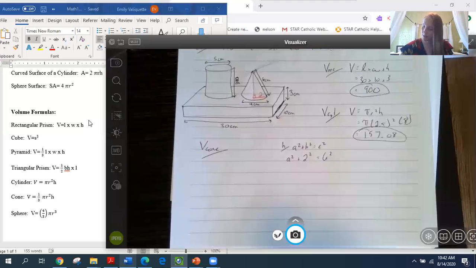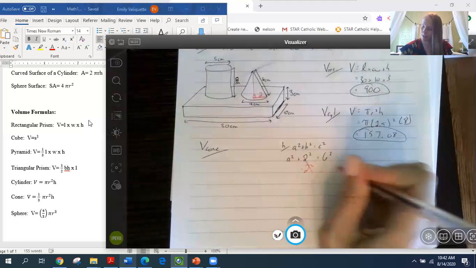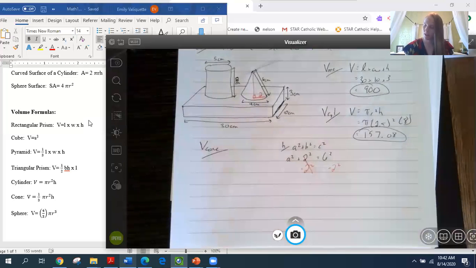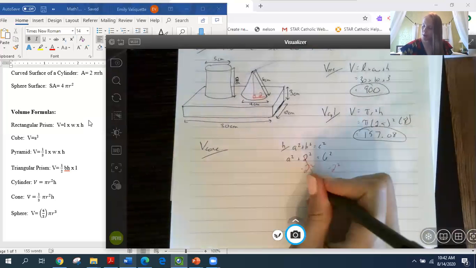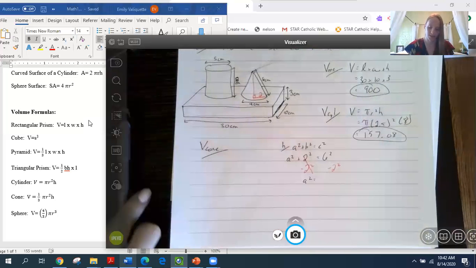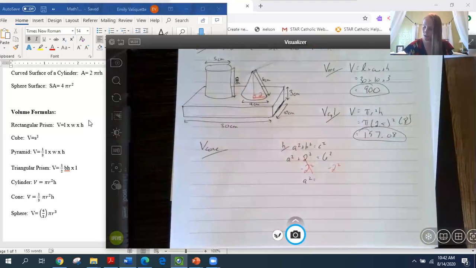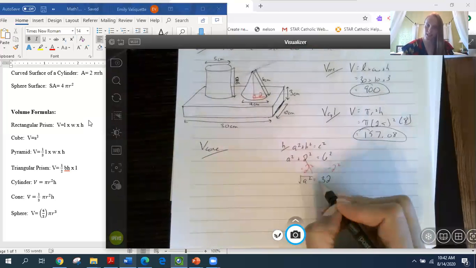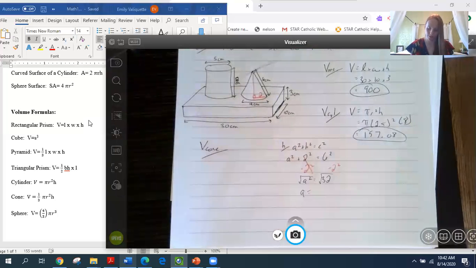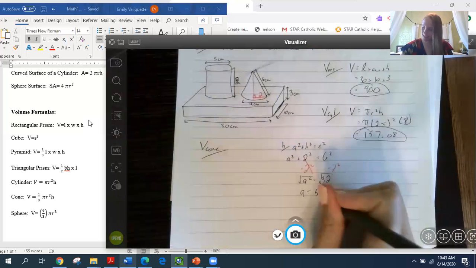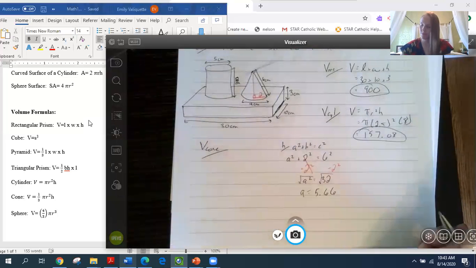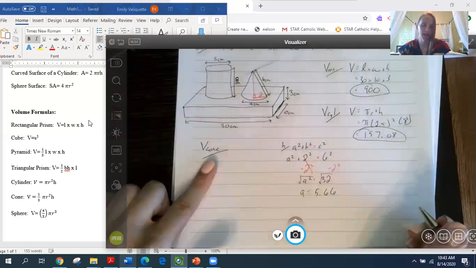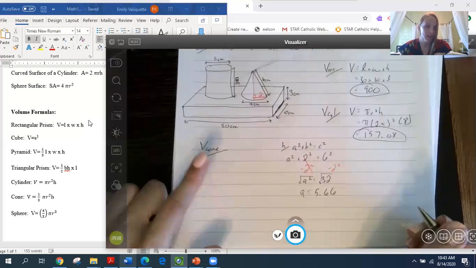I'm then going to subtract 2 squared to move it to the other side. That leaves me with a squared equals 6 squared minus 2 squared, which is 32. And of course, my last step is to square root it to get the a by itself. So the square root of 32 is 5.66-ish. So now I can go over to my cone.